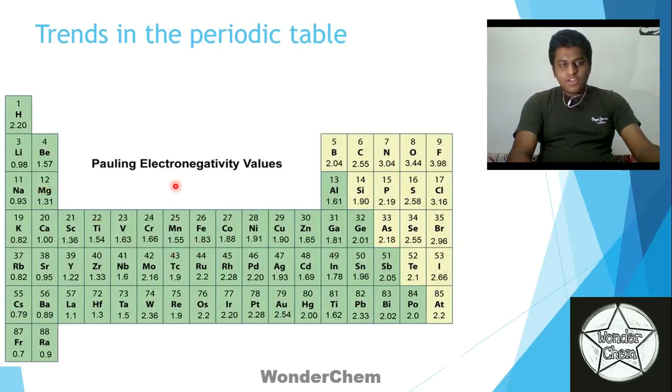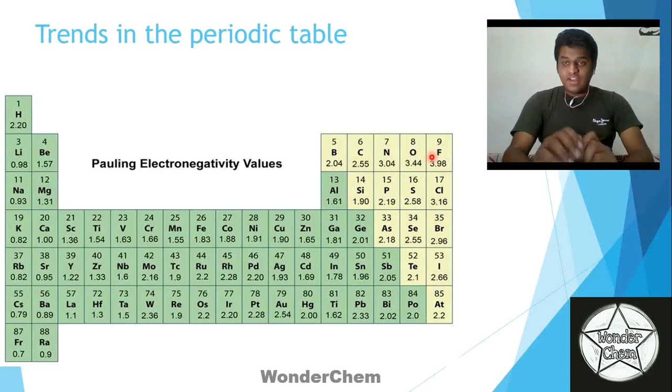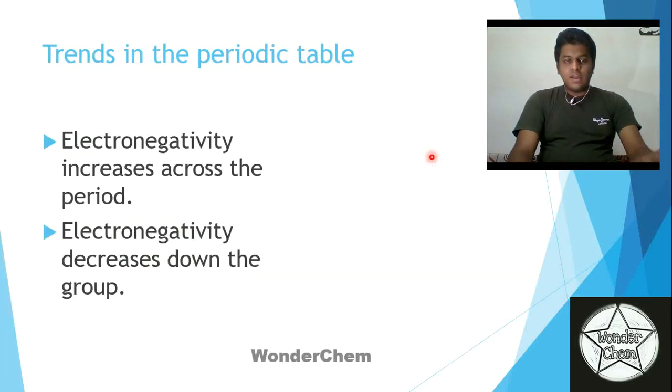Whereas across the period, electronegativity increases because of the shrinking of the atom, that is, decrease in atomic size. Whatever I've told, I would just like to brief up. So please note down these two points.